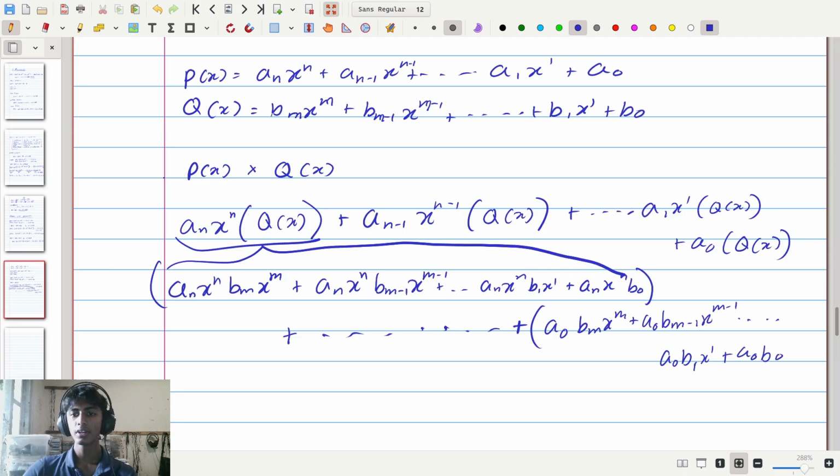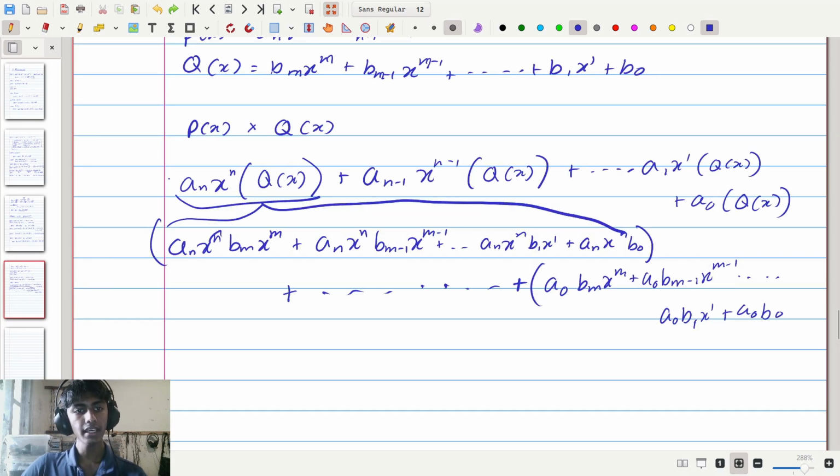So note, the final term produced here has no x power. It is simply x to the 0. And the very first term produced here is a sub n x to the n times b sub m x to the m. Now consider what the powers of this thing are.